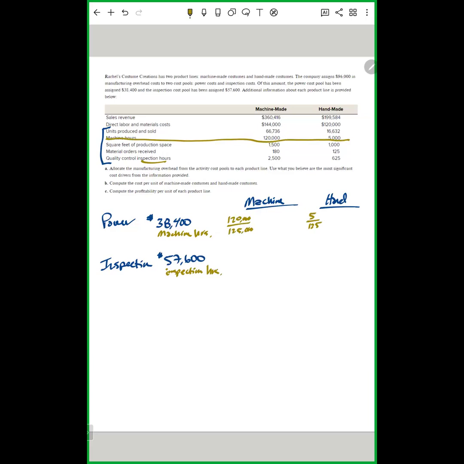Then when it comes to the inspection, if we add those together, I get 3125. So I get 2,500 divided by 3125 and 625 divided by 3125.